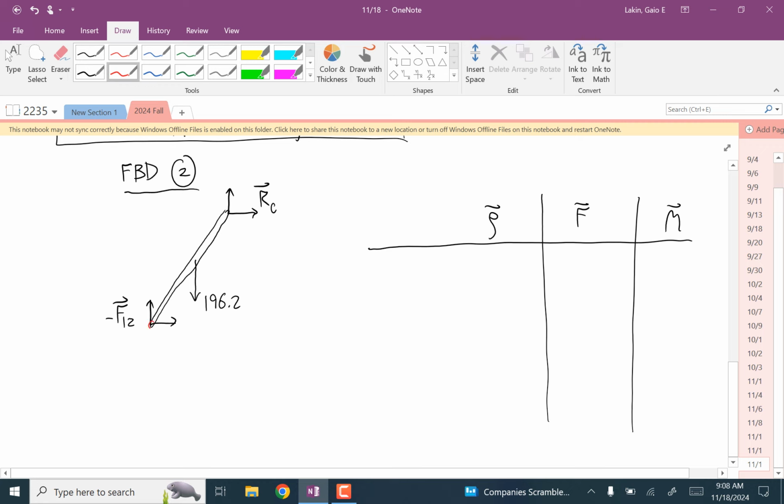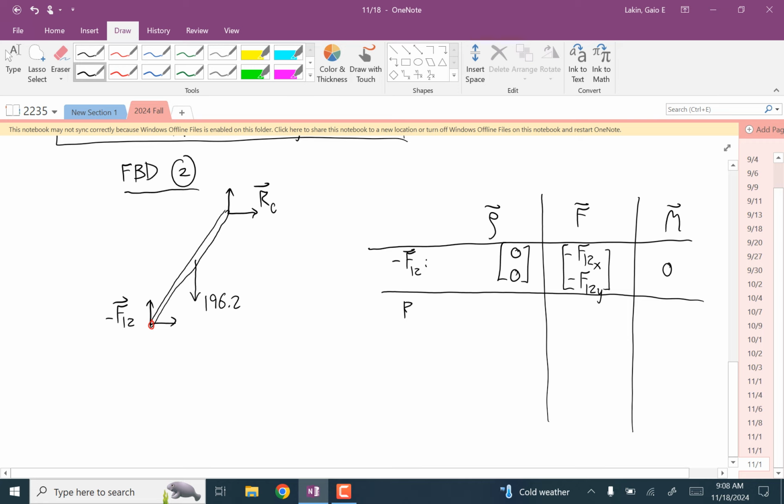I'll put the about point at the bottom. So for negative F12, row vector is 0. Force is negative F12x, negative F12y. Cross product is 0.